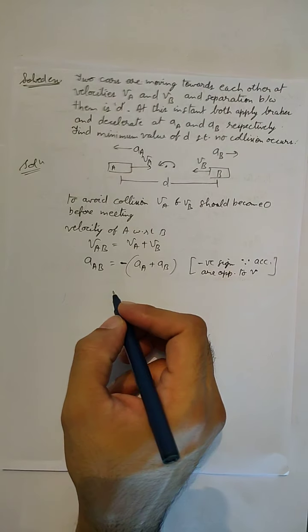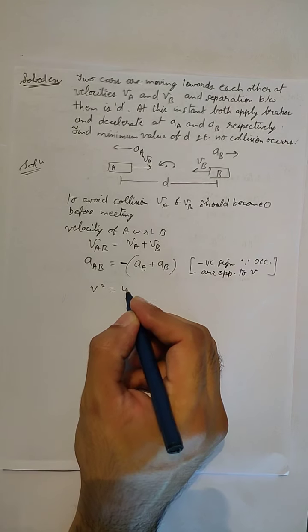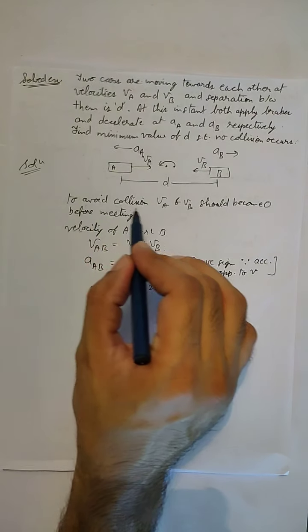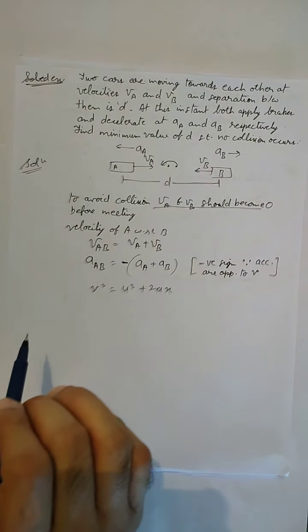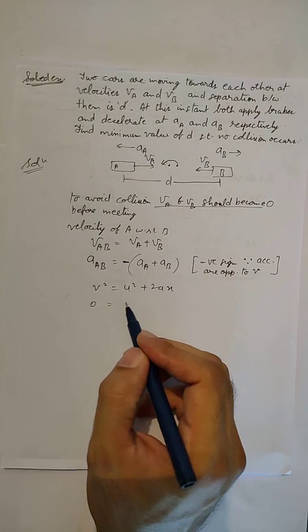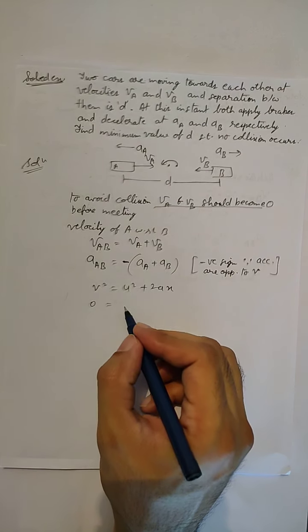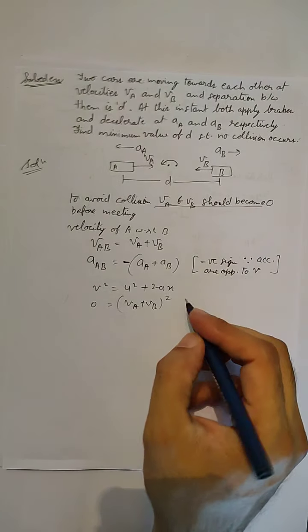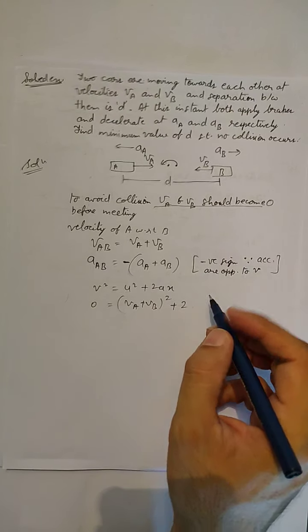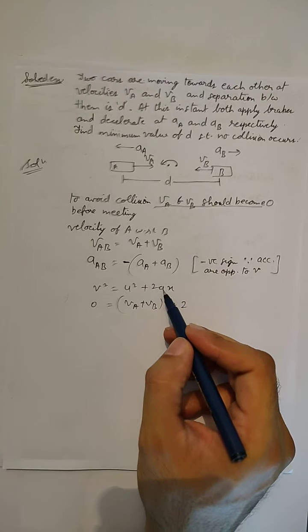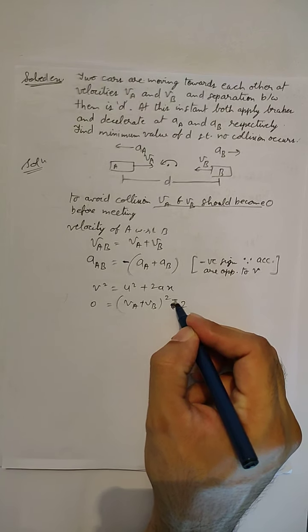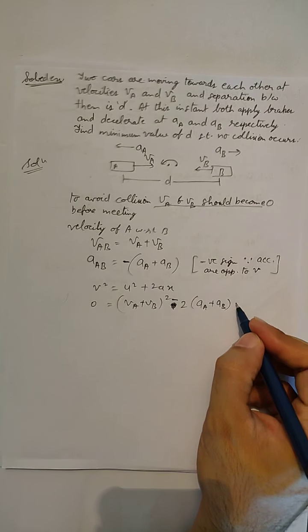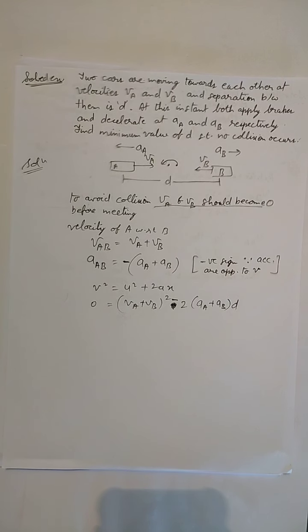Now we can apply the third equation of motion, V square equals U square plus 2AX. For the minimum distance, the final velocity should become 0, so V should become 0, and the initial velocity is VA plus VB, so we can write (VA plus VB) whole square, plus 2, and A will be minus of (AA plus AB), and D, let us say D is the minimum value of separation between them.